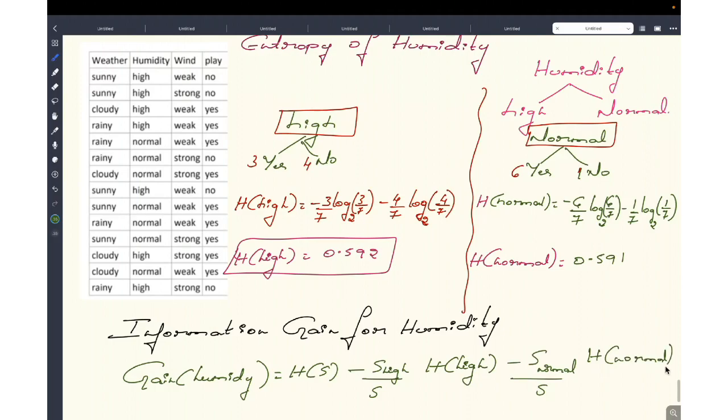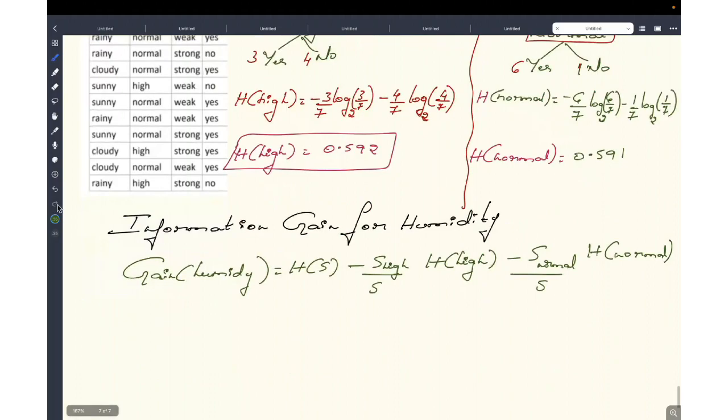Tell me, even for this: H of S is 0.92. Samples related to high is 7 by 14, entropy is 0.592. Samples related to normal is, sorry, 7 only. So again, overall sample is 14, into the entropy of normal, which is 0.591.